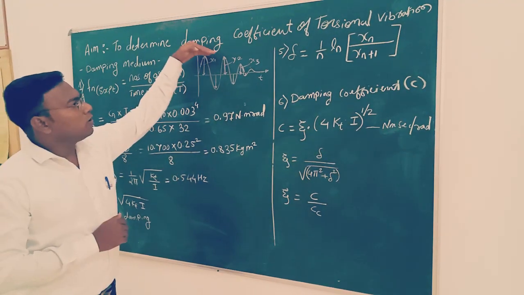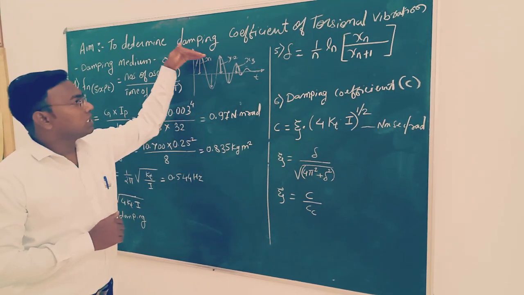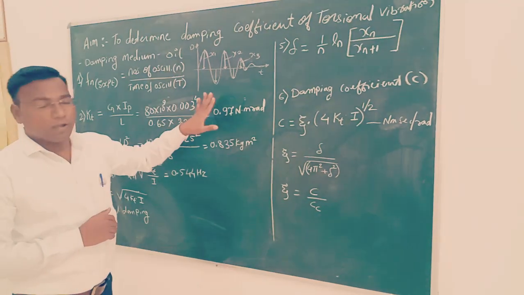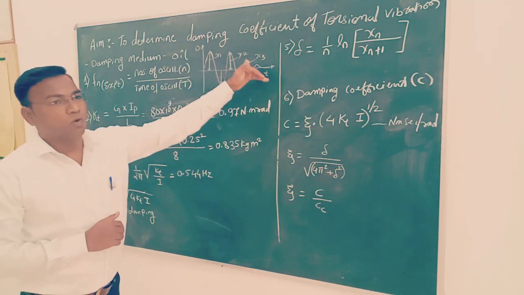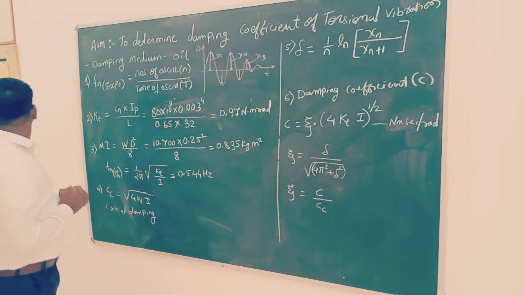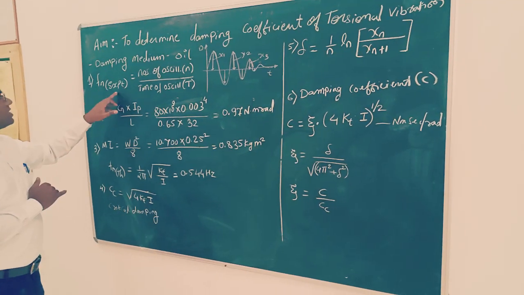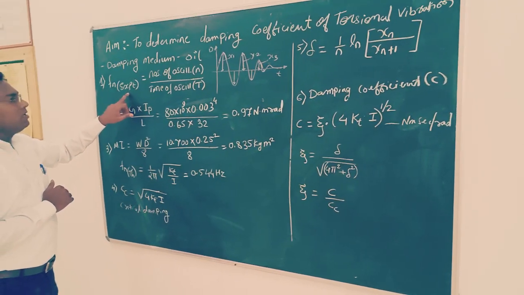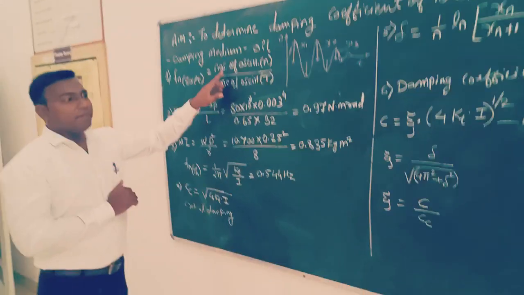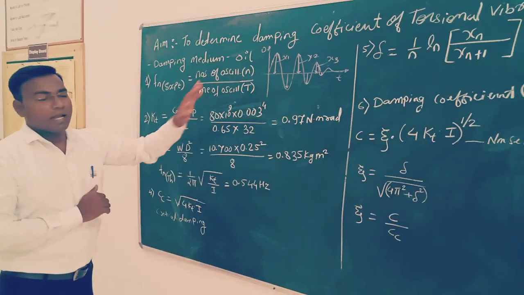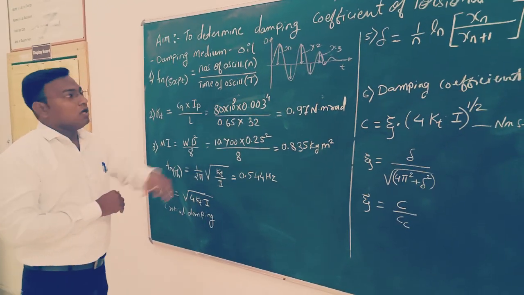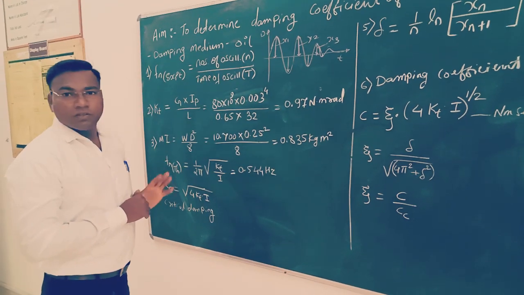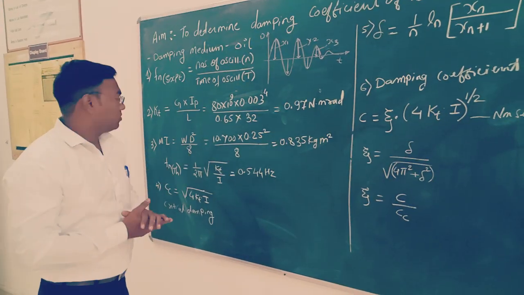This displacement is going to be reduced, so this is the damping graph. The experimental frequency we determine as the number of oscillations upon the time taken for the oscillations. The number of oscillations is 3, and the time is recorded with the stopwatch.